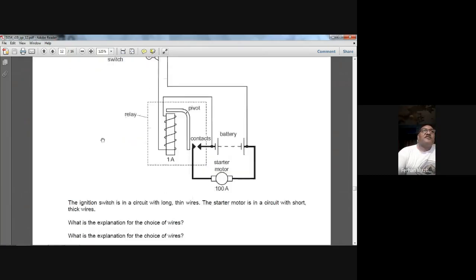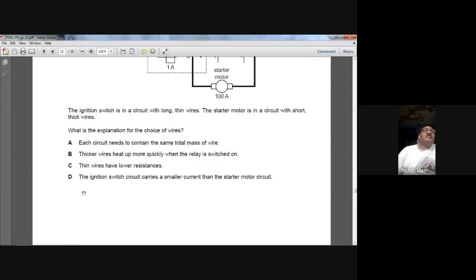Let's look at the options. The ignition switch is in a circuit with long, thin wires. The starter motor is in a circuit with short and thick wires, because the starter motor has a large amount of current, 100 ampere, very large amount of current. So its wires must be thick wires.